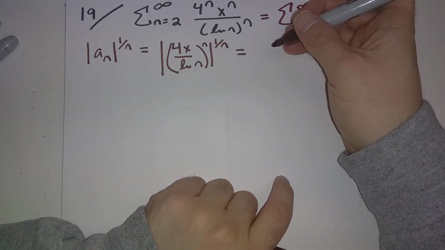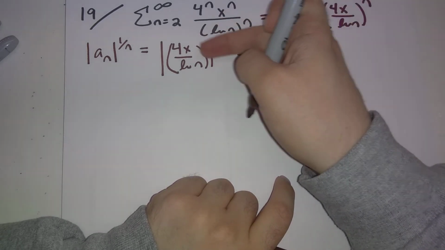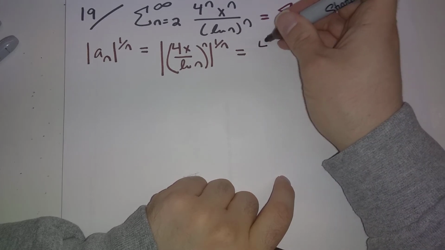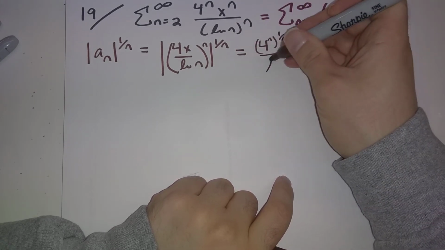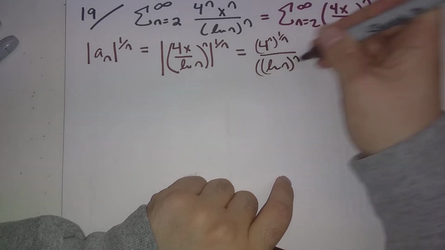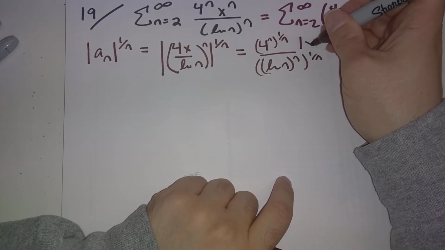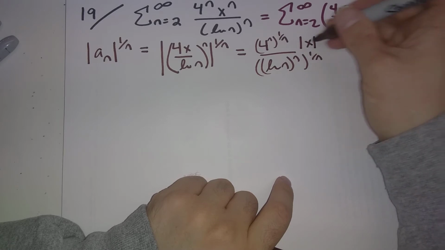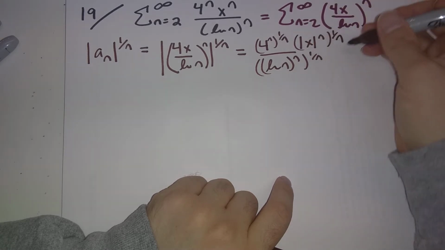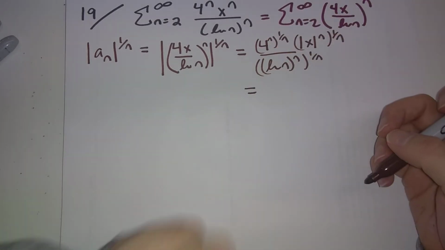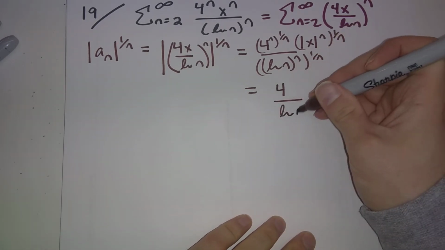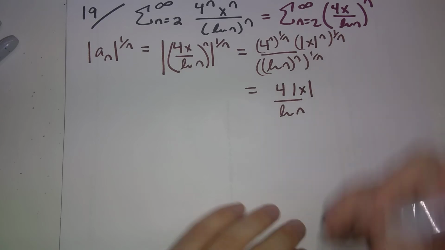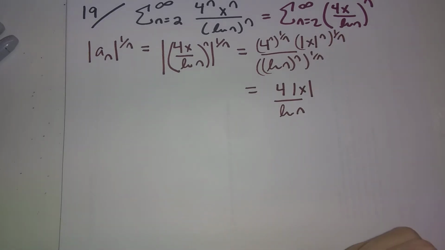So we can rewrite this, and things cancel, as 4 to the n, 1 over n, natural log of n to the 1 over n, and absolute value of x raised to the n to the 1 over n. When all of those n times 1 over n cancel, we're just left with 4 over natural log n, and absolute value of x upstairs.